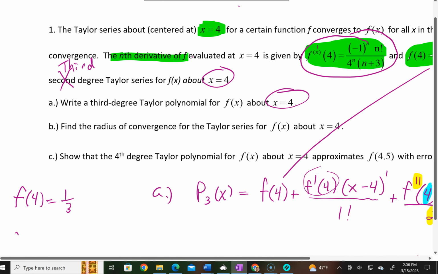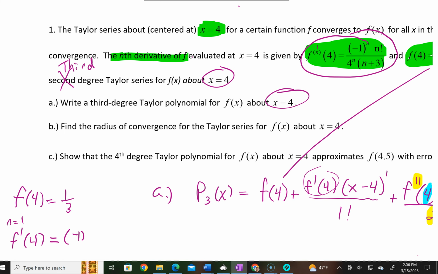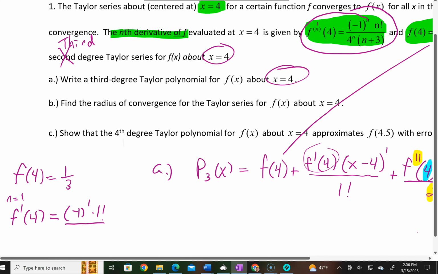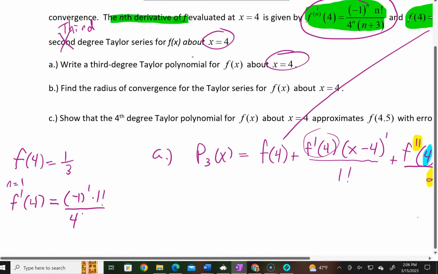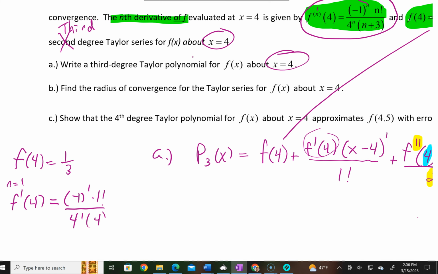So what's f prime of 4? This is where you're going to let n equal 1. And that's going to be negative 1 to the 1, 1 factorial, all over 4 to the 1 times, now 1 plus 3 is going to get you a 4.